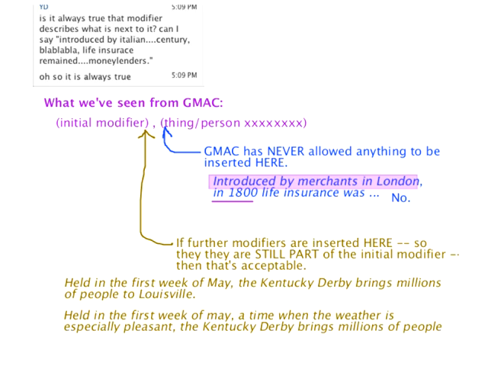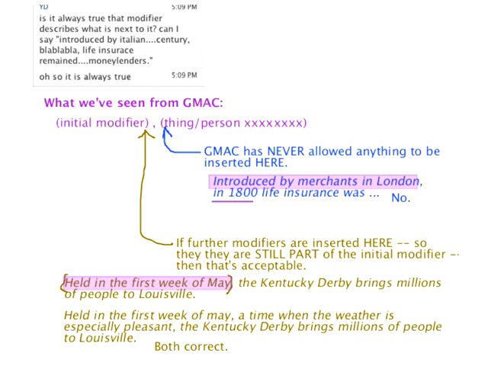These sentences are both correct. Notice the way these are structured; this is not the same kind of thing they're doing in the blue one. If you look at the first one, there should be no issues: the standard initial modifier, and then the Kentucky Derby is held in the first week of May.